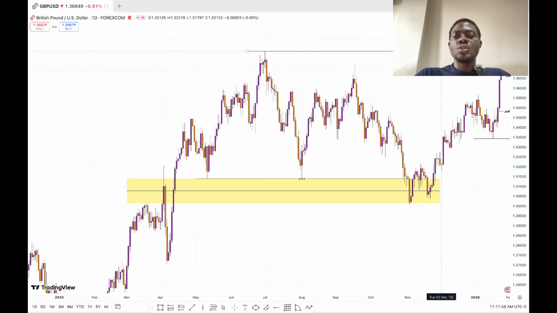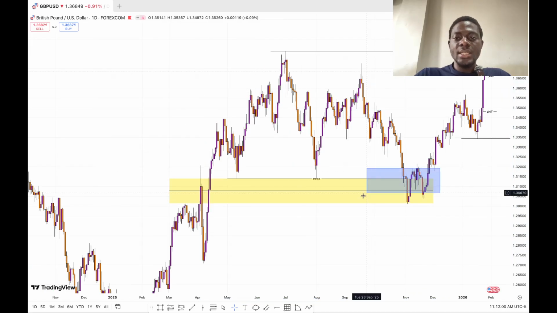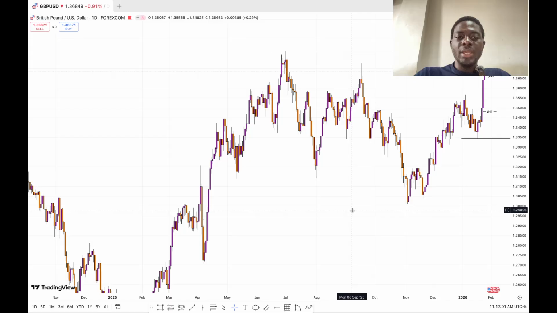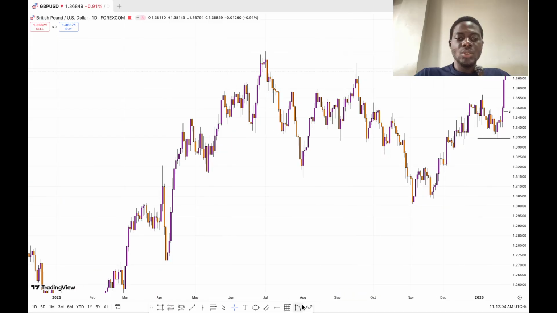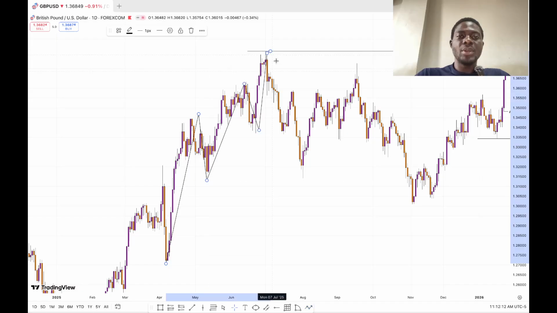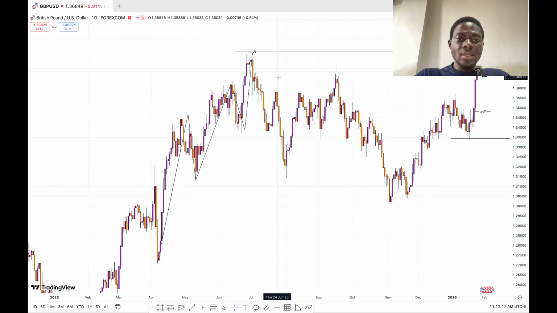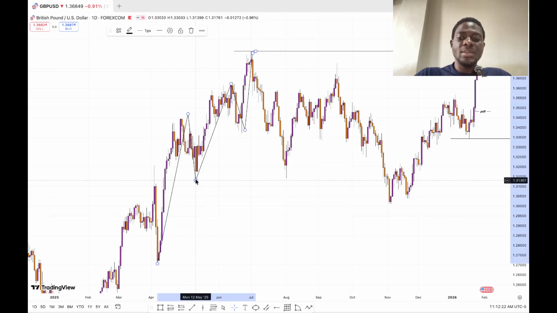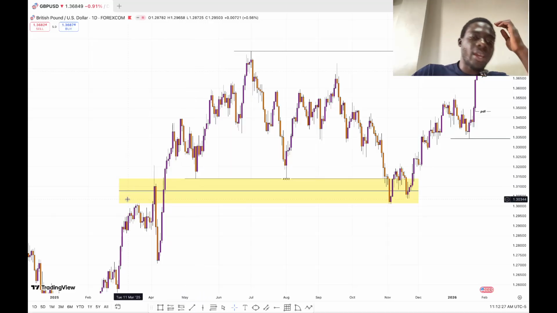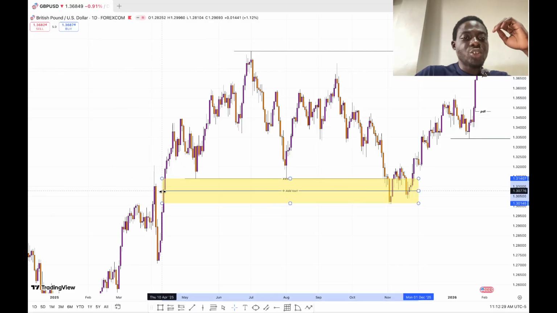Okay, so on the GBP USD, we can see this as the biggest price swing, right? This whole chart from here all the way to here, we see this as the biggest. And then we say, okay, since we've seen price going up, there's an intention on the part of the market makers, that's the big banks, people who control the prices of the assets we are trading.